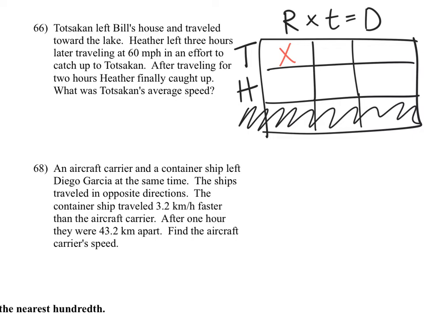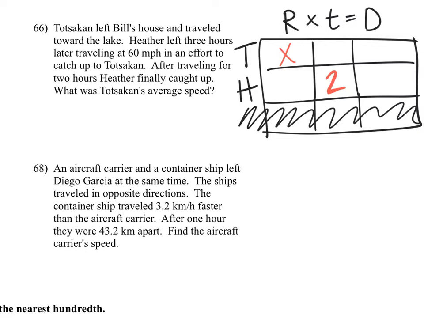So if Heather left 3 hours later, who's been traveling longer? Totsakan's been traveling longer, right? The last sentence says, after traveling for 2 hours, Heather caught up. So how much time did it take Heather? We know that it took Heather 2 hours.